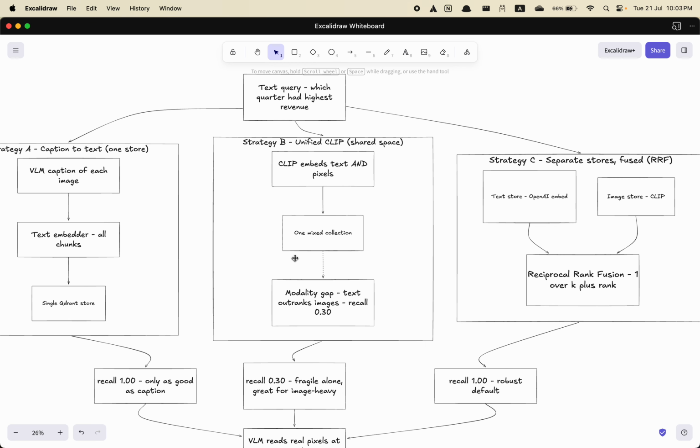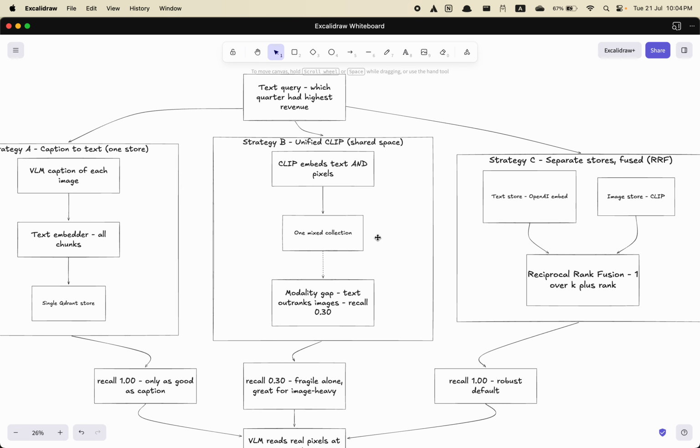You might not get the full picture, and it's a slightly lossy summary, you could say. The second one is strategy B, which uses a unified model like CLIP that embeds text and pixels into one space. So a query matches a picture directly, but CLIP has this famous flaw of the modality gap. Text vectors and image vectors cluster apart, even though they might share the same semantic meaning.